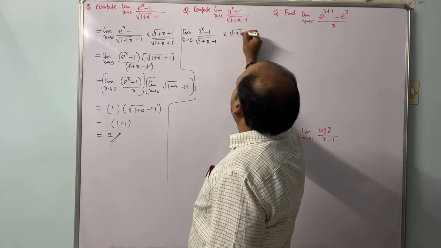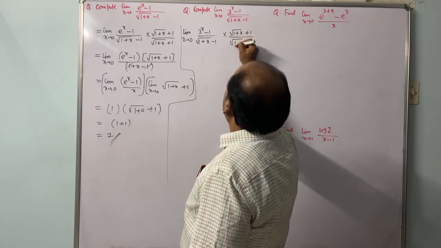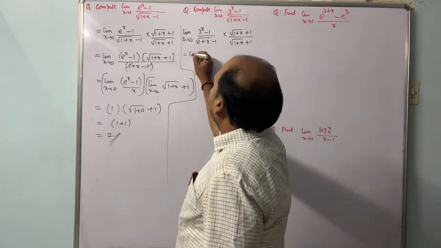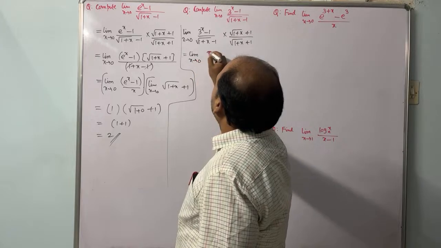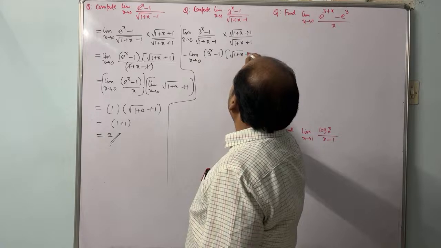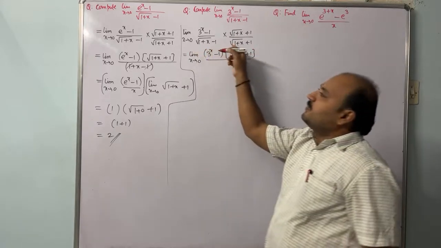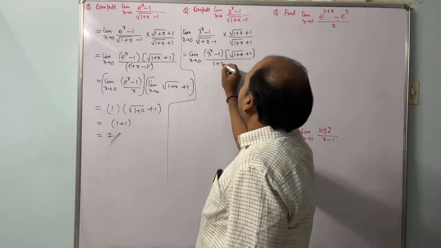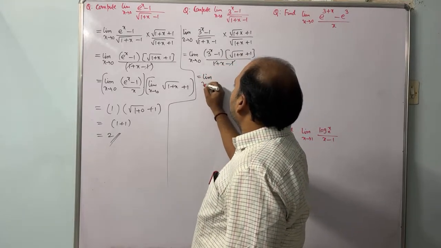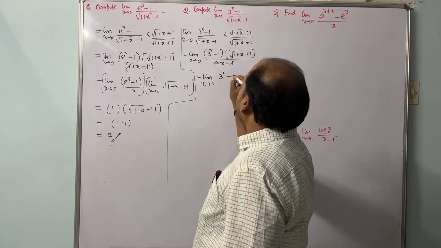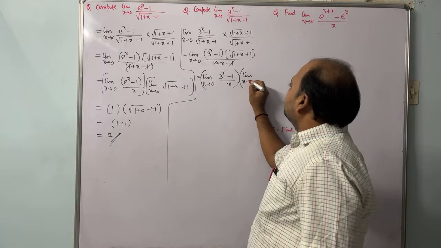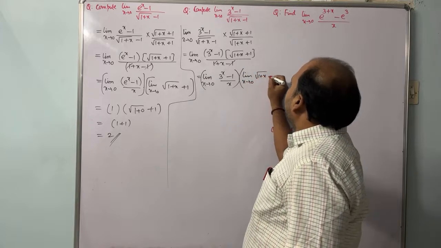Multiplying and dividing by root 1 plus x plus 1, which is equal to limit x tends to 0, 3 power x minus 1 into root 1 plus x plus 1 by a minus b into a plus b, a square minus b square. 1 plus x minus 1, plus 1 minus 1 get cancelled. Limit x tends to 0, 3 power x minus 1 by x into limit x tends to 0, root 1 plus x plus 1.